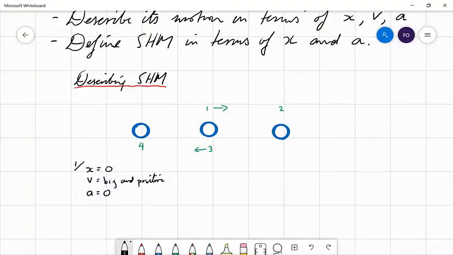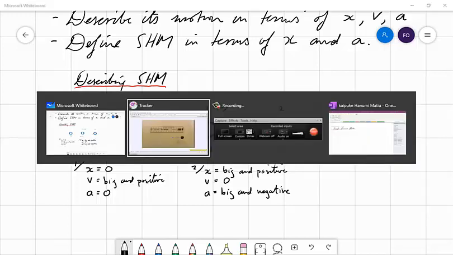So at position 2, x is big and positive, v is 0, and a is big and negative. We can see that the acceleration is in the opposite direction to the displacement, and it seems to be doing the same thing: it's getting big when the displacement is big.